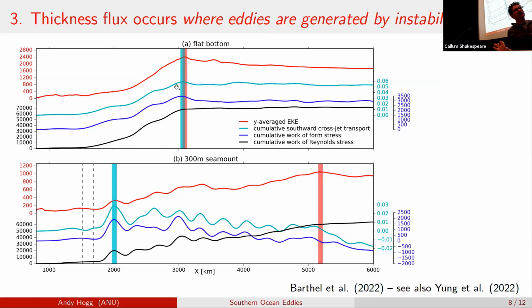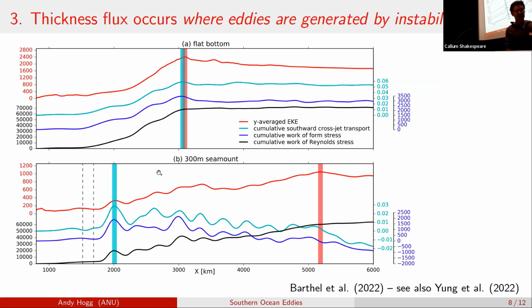And if you actually think about it for a little bit, you'll see that's sort of obvious because these eddies are formed by the release of APE. But there's a lot of parameterizations that want to parameterize the eddy thickness fluxes as proportional to the eddy kinetic energy, which I don't think is true.